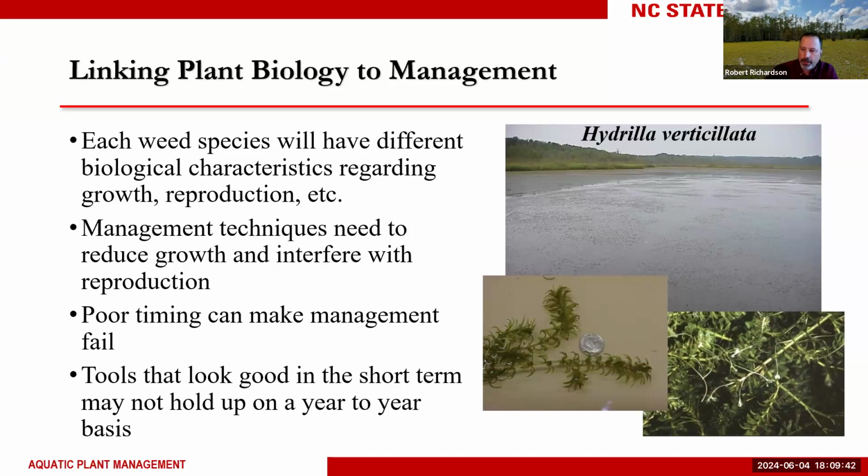So if we just go out there in October and get rid of all that hydrilla biomass, that's all well and good, but that hasn't interfered with reproduction of hydrilla for the next growing season, and you're going to see exactly the same image in October of the next year. So we need to do our management timing when it interferes with reproduction and also reduces growth. So you can take really good management techniques and they can look really bad if you have poor timing. And sometimes management tools that look really good in the short term may not hold up on a year-to-year basis.